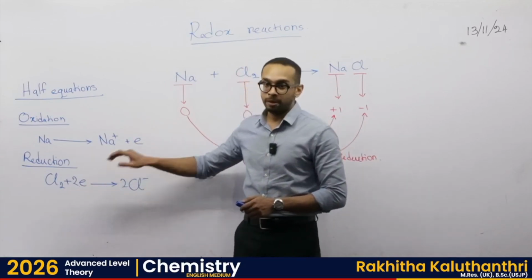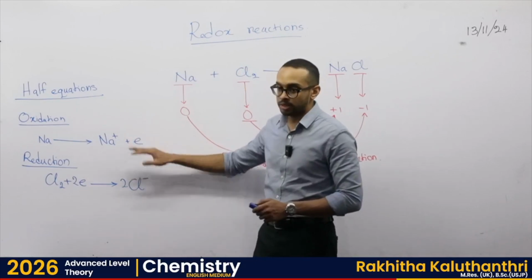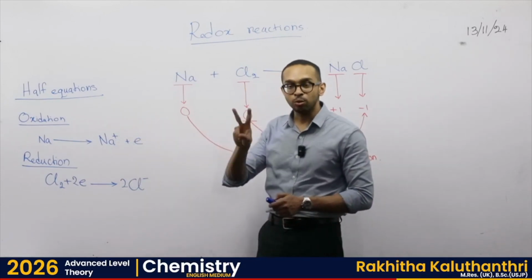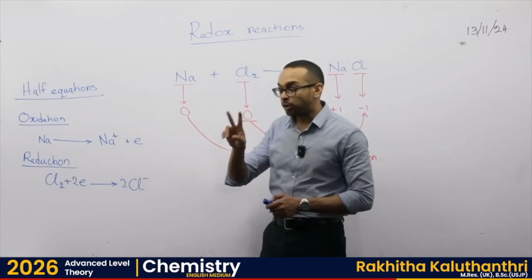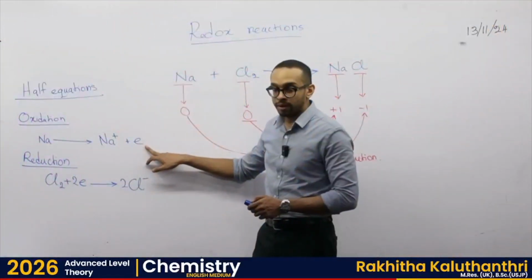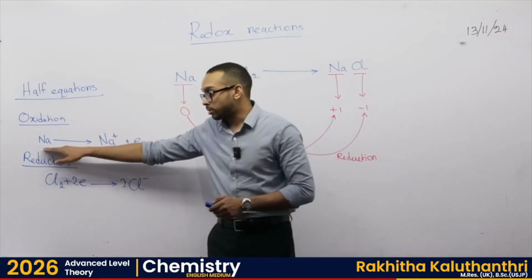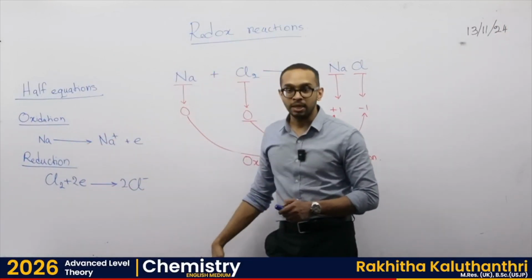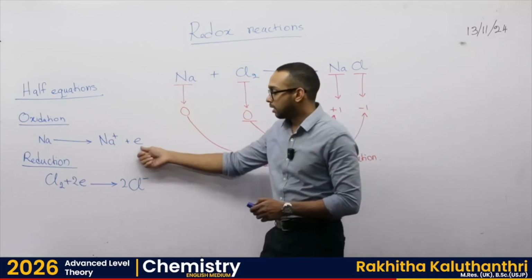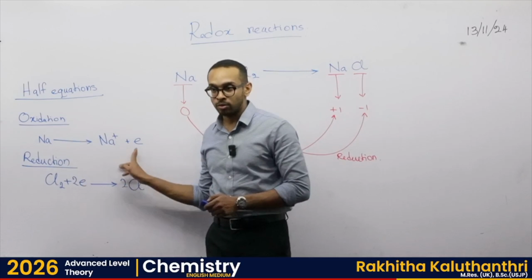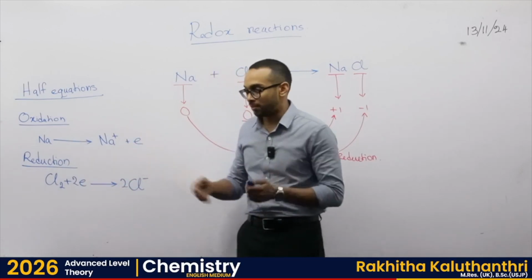That means if I am going to balance this equation, I need to multiply this oxidation reaction by 2. Then the number of electrons that are removed matches the number of electrons that are taken in. Otherwise, the electrons given off do not match the electrons taken in. 1 electron given off, 2 electrons taken in, doesn't match.